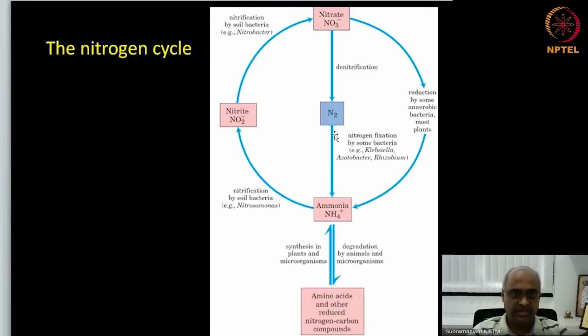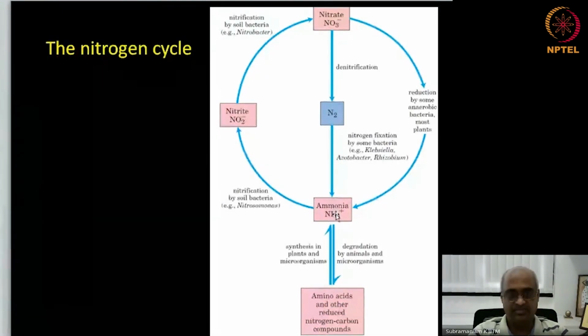They reduce the nitrogen into ammonia. This ammonia can be incorporated into amino acids by the plants and microorganisms. And when they die and degrade, they return ammonia back into the soil.